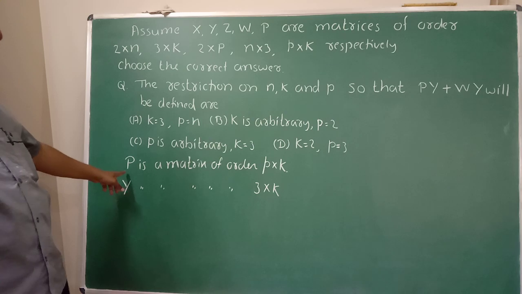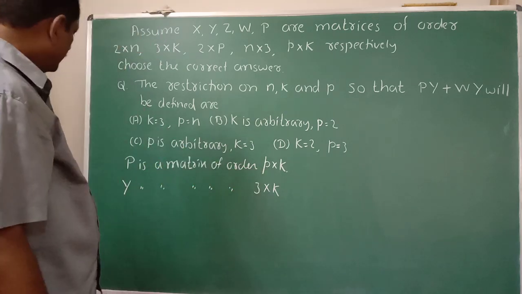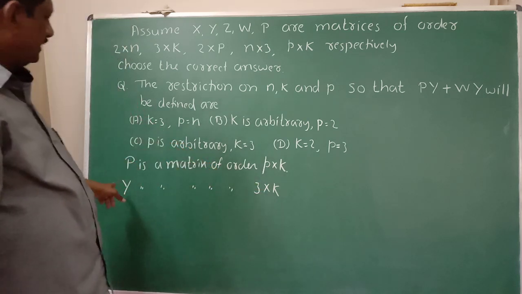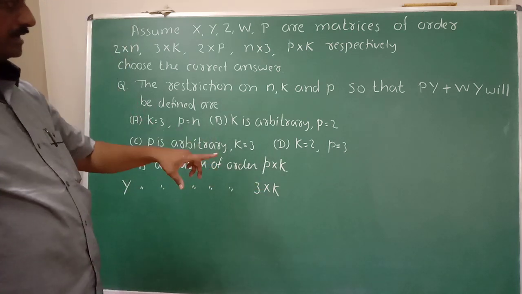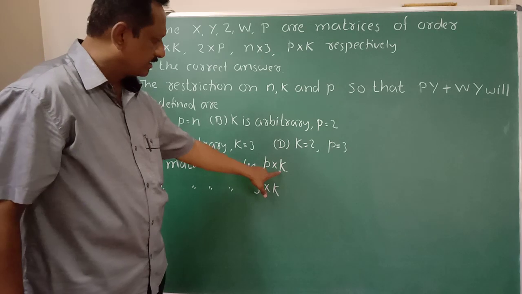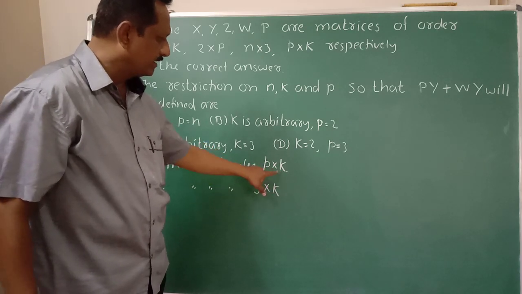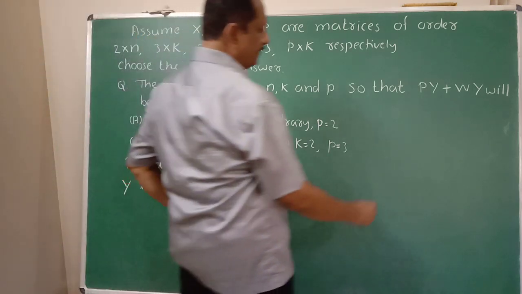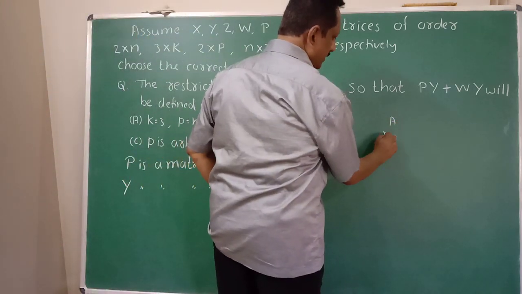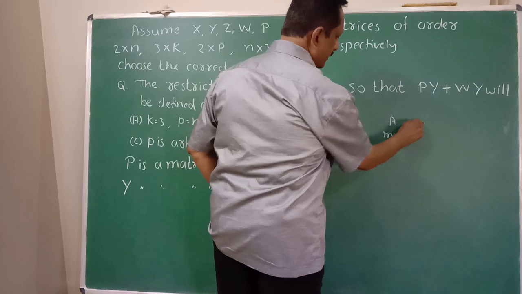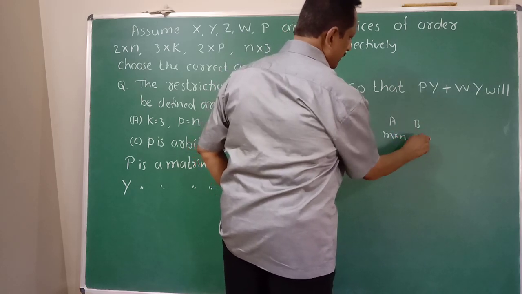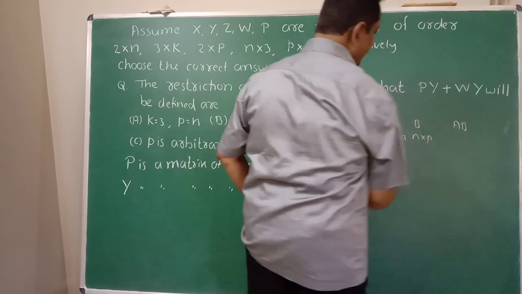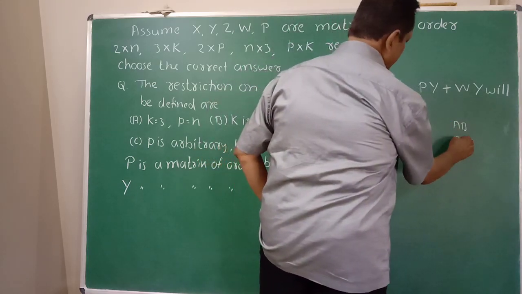Then if P is a matrix of order p into k and Y is a matrix of order 3 into k, then what is the order of PY? Here k must be equal to 3, because you know that if A is a matrix of order m into n and B is a matrix of order n into p, then the product AB is a matrix of order m into p.